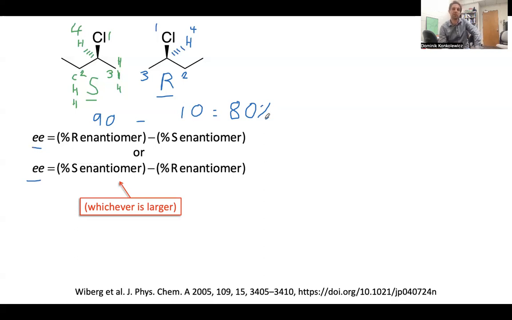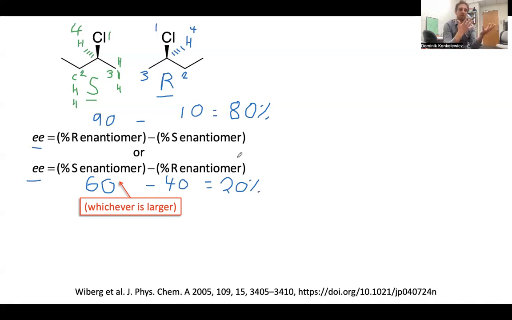Similarly, we might have a different mixture, which would be, say, 60% of the S enantiomer and 40% of the R. So in that case, the enantiomeric excess would be 60 minus 40, which would be 20% EE, 20% enantiomeric excess, right? It's the amount excess of one enantiomer versus the other, okay?